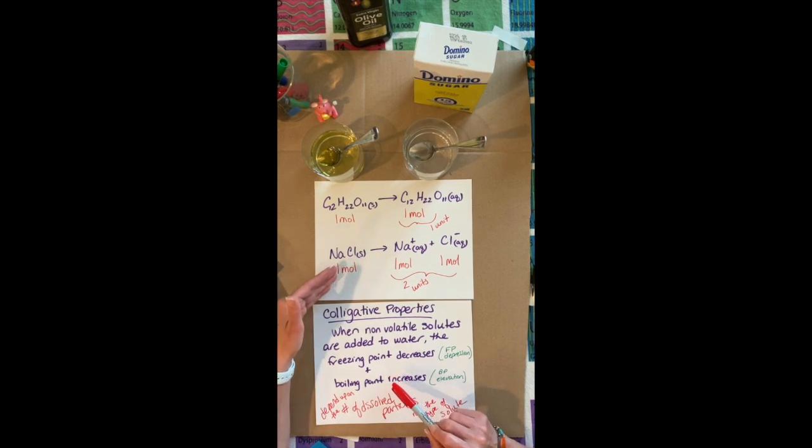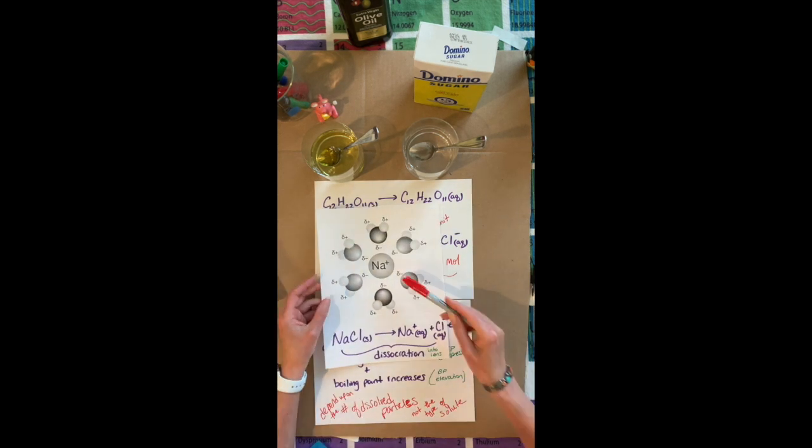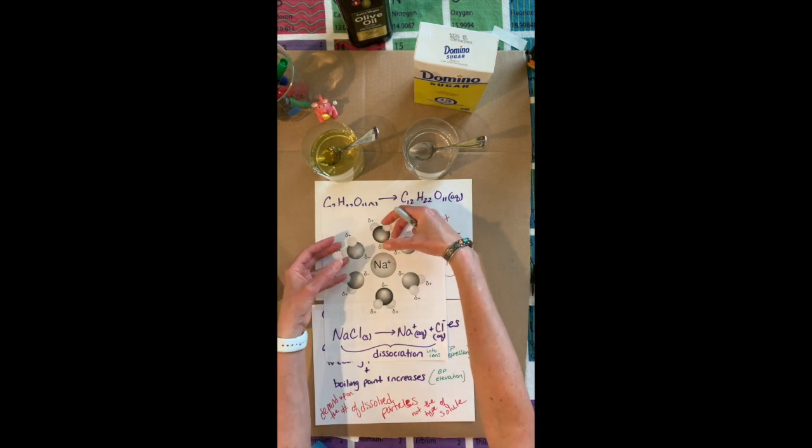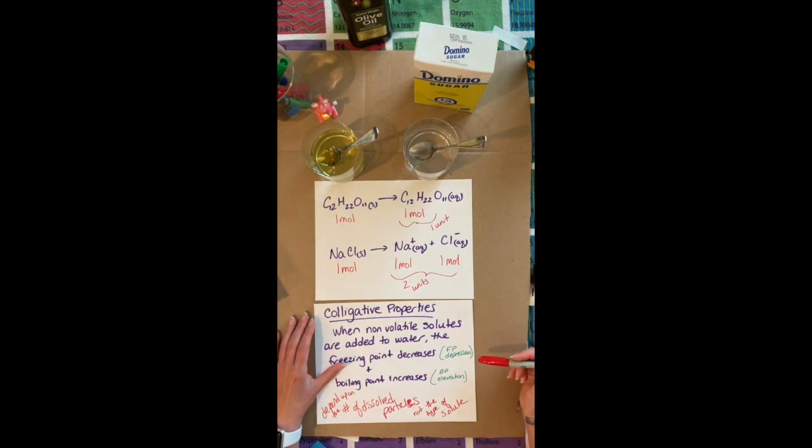And for every 1 mole of salt placed on the roads, we have 2 moles of ions produced that will interfere with the water and make it harder for the water to freeze. It'll actually depress the freezing point. So think about that. We have this sodium, it's kind of in the middle here. It's not allowing the water molecules to come closer together to freeze as easily.